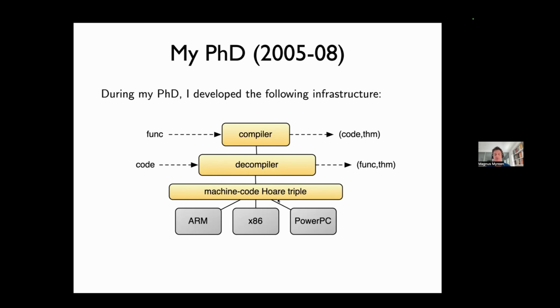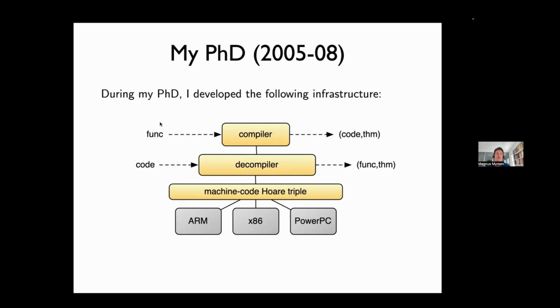And then I built on top of this a proof-producing compiler that flips the decompiler. Given a function, it invents some code that it thinks does that, and then it uses the decompiler to get the same function out. So it proves correspondence between the input you gave and the decompiler's output, and then it can produce code.